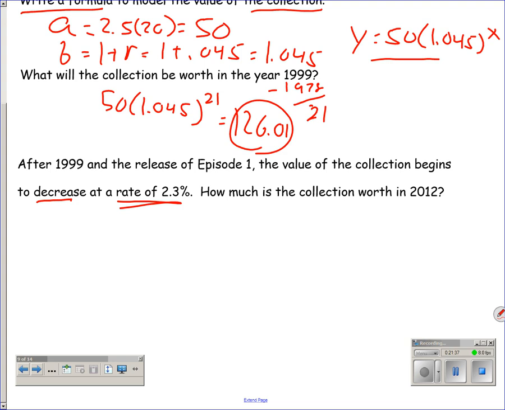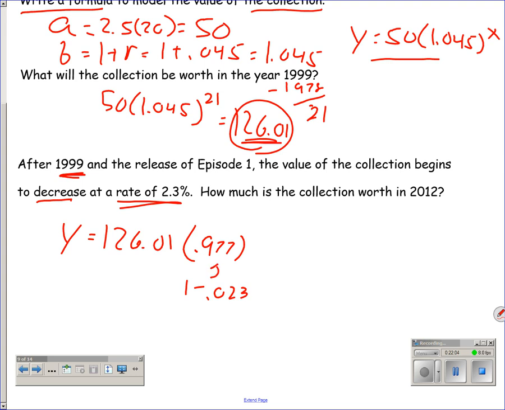Yeah, so we're starting at 99, which is when it started to depreciate. So I needed my initial value at 99, which I figured out right here in the previous problem. So 12,601. 0.977. Tell me how you got that. Good. Right, so this is decay, it's 1 minus our rate.